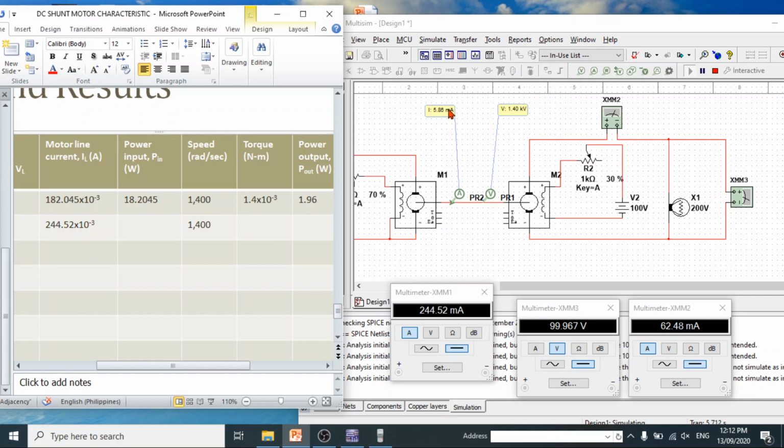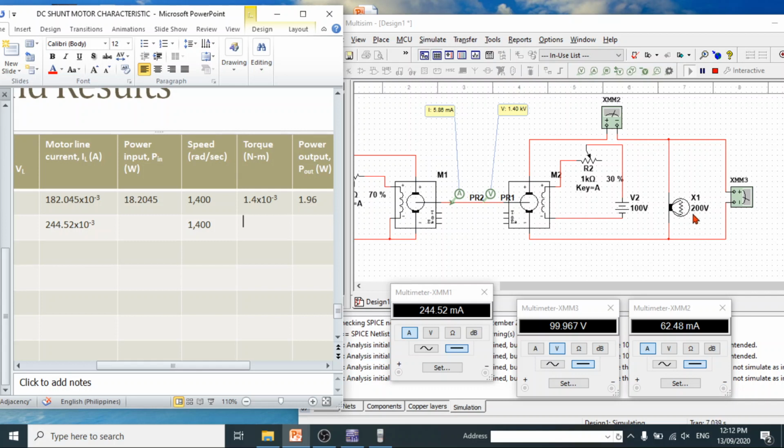The torque is actually the measurement of the mechanical force provided by the motor. If you look at the torque, it now increases.